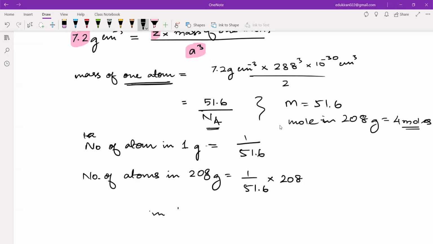And in 4 moles, you will have 4 into 6.022 into 10 to the power 23 atoms. So you will get somewhere around 24 into 10 to the power 23. Okay.